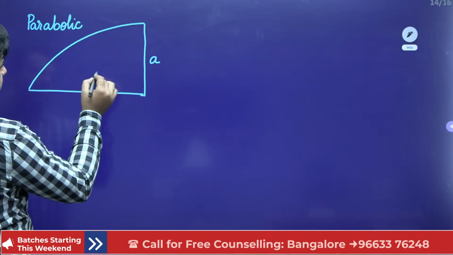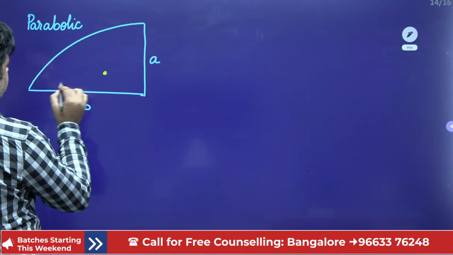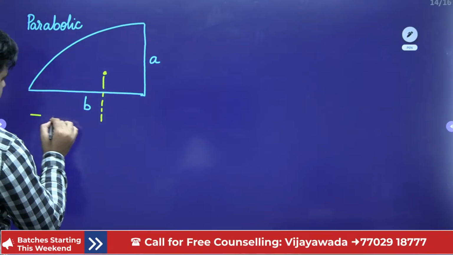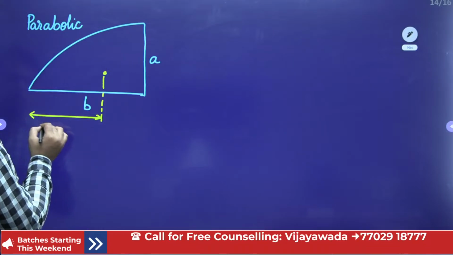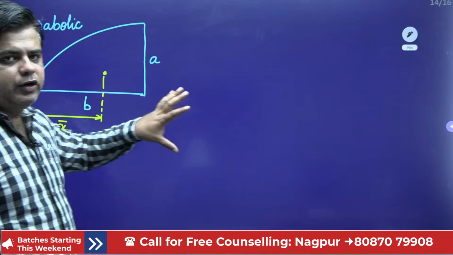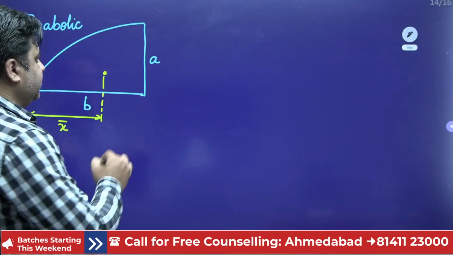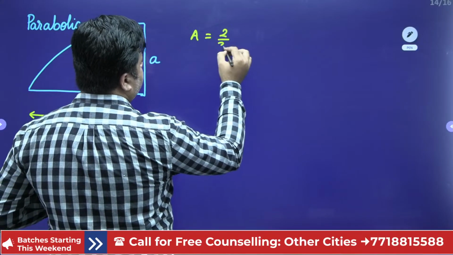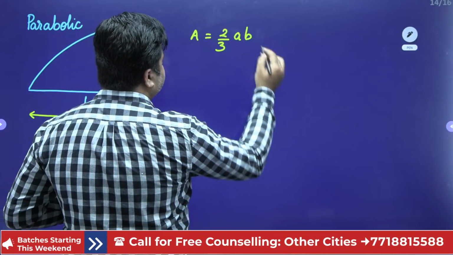CG is somewhere here, and this is your x bar. For this kind of figure, calculating the area is very easy. Area is 2/3 of A into B. Simple.